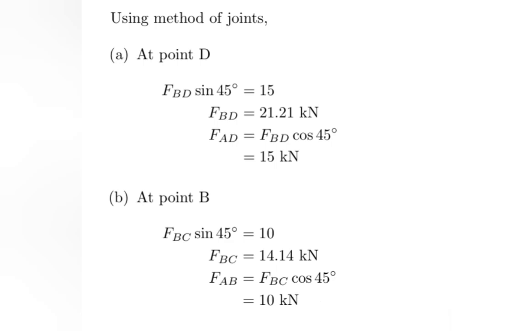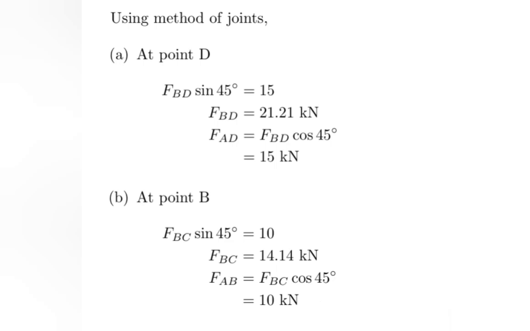At point B, we already know there is an angle of 45 degrees, right? FBC sine 45 will be in the downward direction, and FBC cos 45 will be in the horizontal direction.